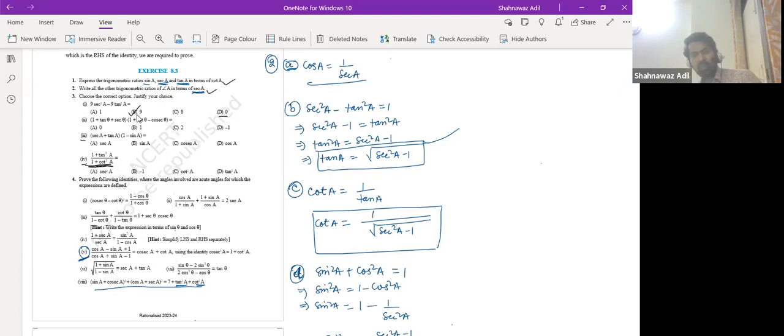Yeah, whenever you want me to scroll down the screen, you can scroll down.